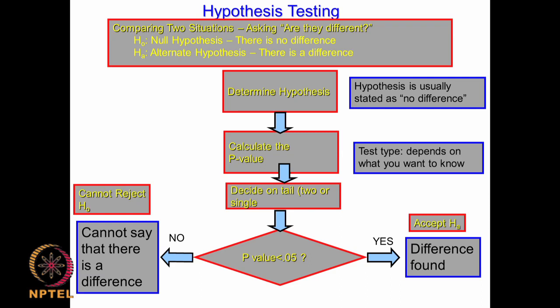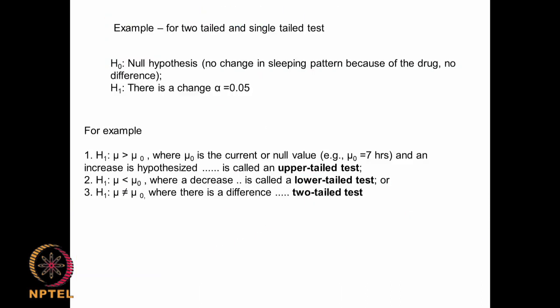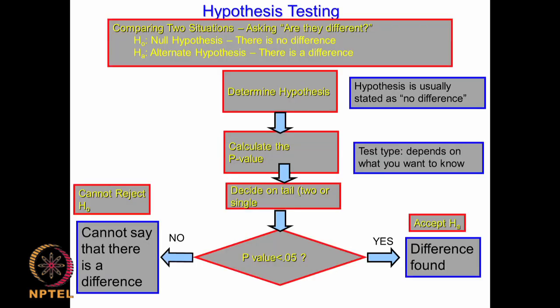Okay. So, you formulate the hypothesis and then you calculate your p value based on the type of equations you use, then you decide whether it is a single tail or a two tail test, then you decide whether you are going to look at it at 95% or 99%. Then you check whether the p you have calculated is less than 0.05 or greater than 0.05.